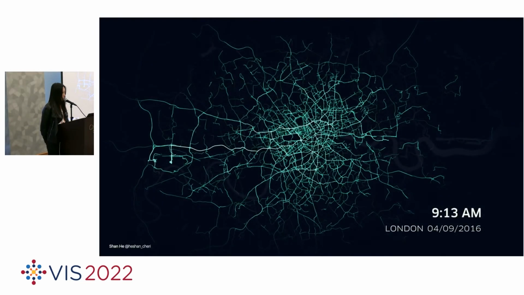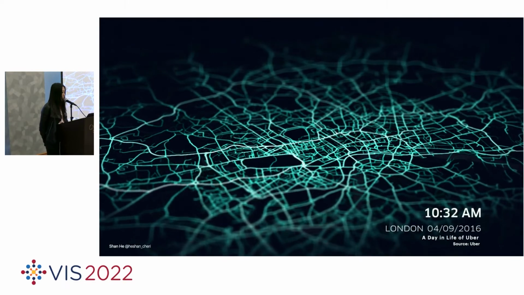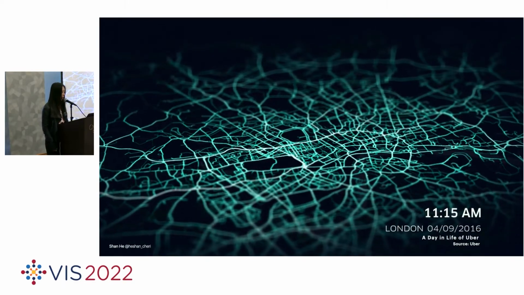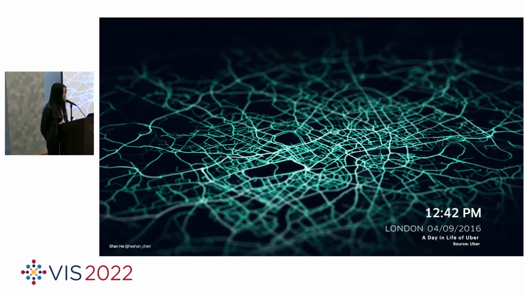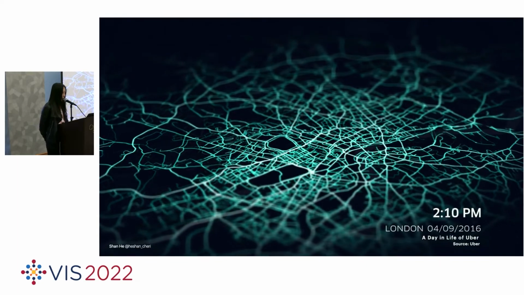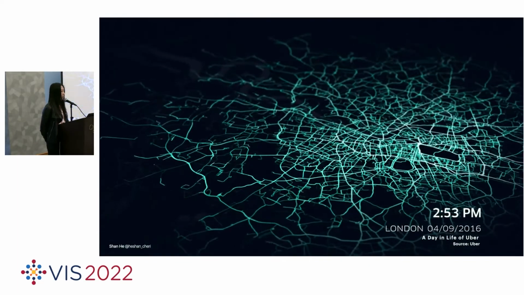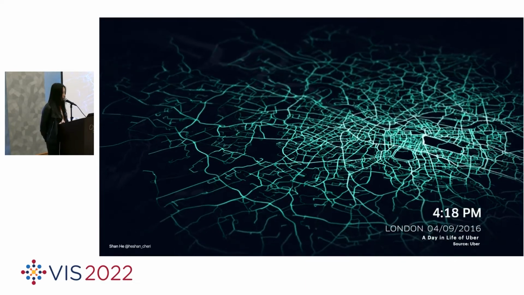So movement is what we really want to focus on with geospatial data visualization. We want to use different visualization types to understand how human movement navigates throughout the city. This is a visualization I did when I first started at Uber, showing a day in the life of Uber trips collected on the Uber platform.